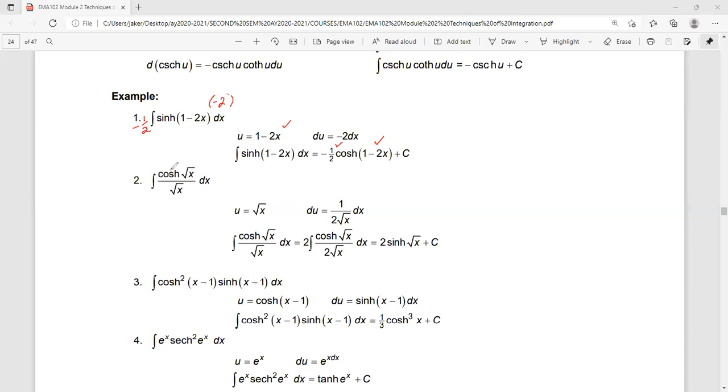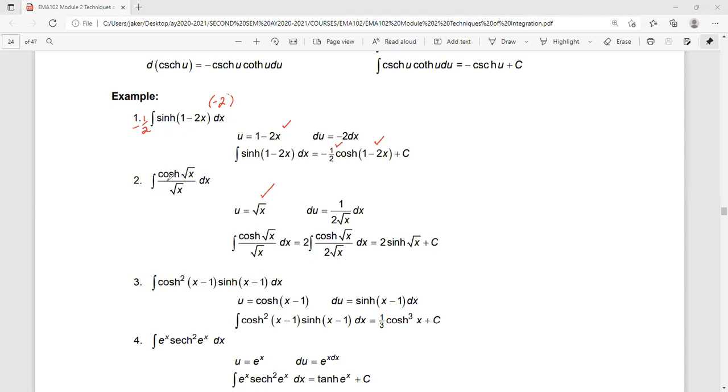You can see here you are given hyperbolic cosine of the square root of x. Now, in here, you can see that your u is the square root of x. If you differentiate that, that would be 1/2 x raised to negative 1/2, or you have it here, 1/2 square root of x dx. So this square root of x that you see in the denominator of your hyperbolic cosine will be for the derivative of the u in here.